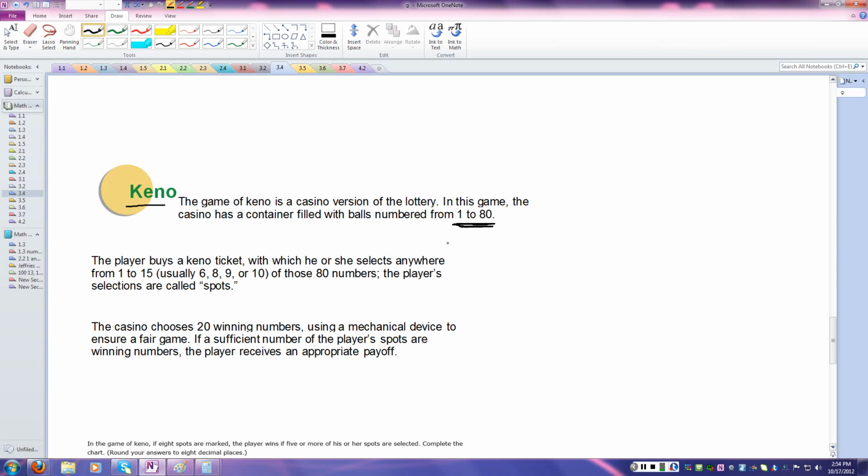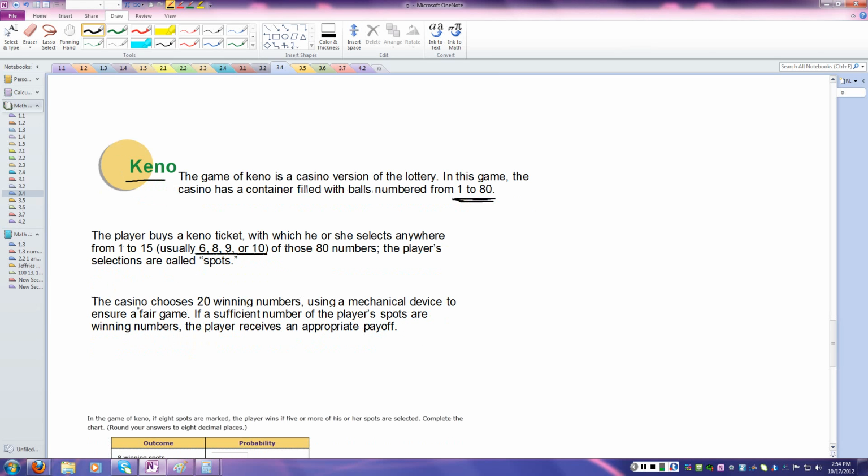You buy tickets that have anywhere between 1 to 15 spots, usually 6, 8, 9, or 10 spots of those 80. The casino chooses 20 winning numbers. It uses a mechanical device to ensure a fair game, so it's randomly generating 20 numbers, and if a sufficient amount of numbers win, then you have an appropriate payoff.